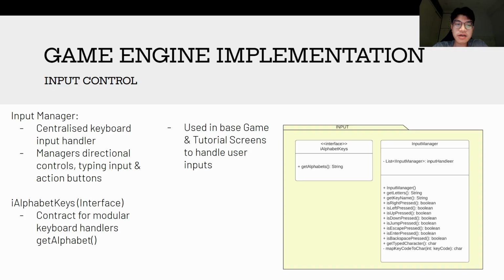It helps to manage directional controls, typing input, and action buttons. Next, we have the iAlphabetKeys interface class that acts as a contract for modular keyboard handlers, and it uses the getAlphabet method. All this will be used in base game and tutorial screens to help handle user inputs.